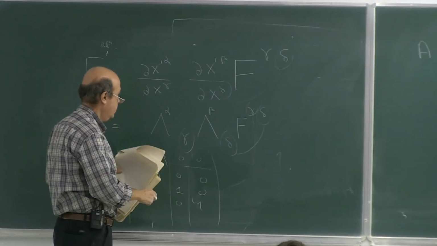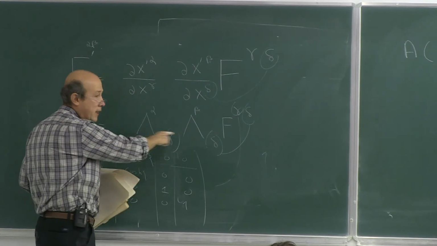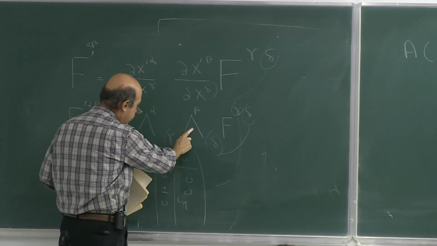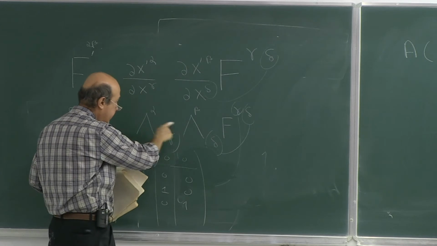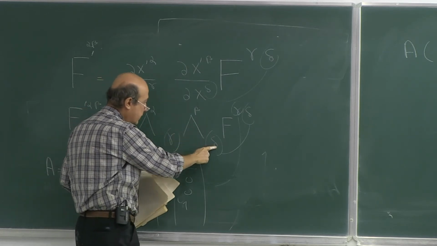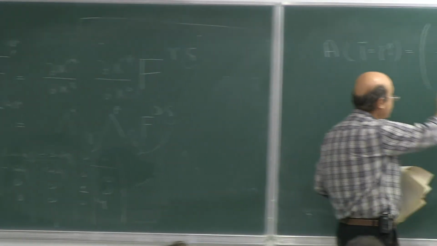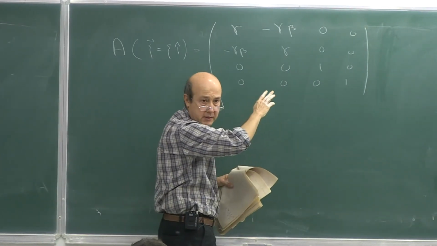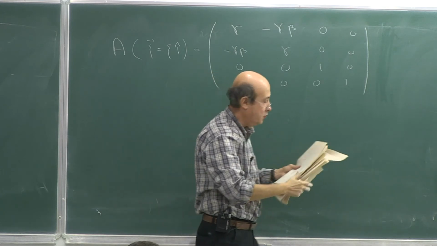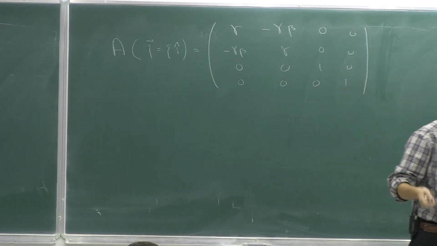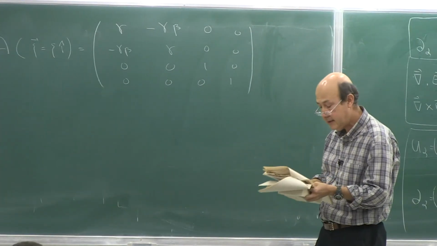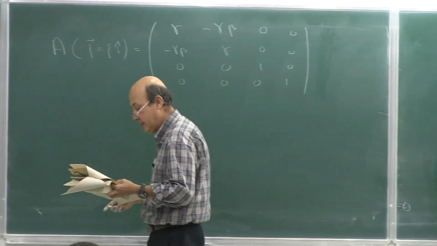If you want to transform the tensor, you have to apply this process. So these are the lambdas. For example, lambda 0,1 are the elements of this boost matrix. But I am not going to do this; that is a nice way in the indices. I will study this just in a matrix presentation.